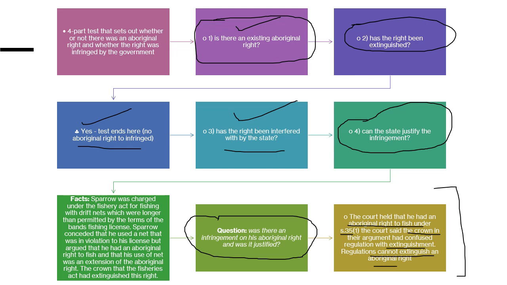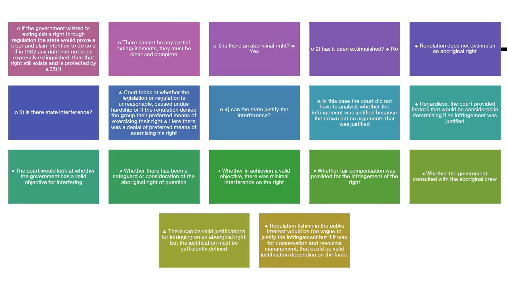The court held that any law, any regulation cannot extinguish an existing aboriginal right. If the government wished to extinguish a right, the state would have to prove a clear and plain intention to do so. You cannot make a confusing, derogatory act that is against the interest of Aboriginal people. There cannot be any partial extinguishment. It should be clear and complete.